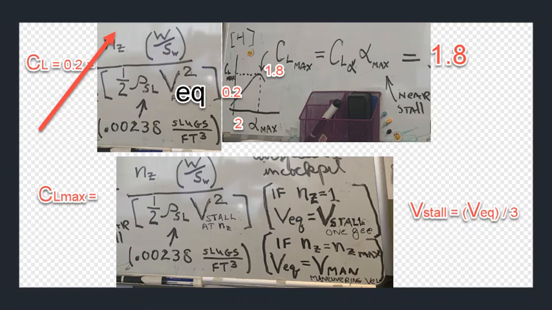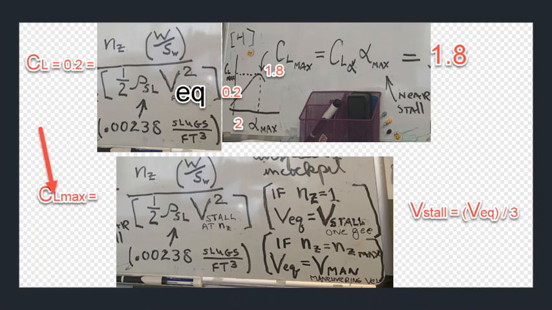Now 9 is in the numerator. So to get a 9 in the numerator, I would have to reduce the equivalent velocity by thirds. In other words, V equivalent over 3. If I put V equivalent over 3, that 3 will come out squared as 9, and that 9 will end up in the numerator. So there you have it. If I take my stall speed to be V equivalent over 3, that 3, when I square it, will come out in the denominator of the denominator, so it'll end up in the numerator and give me 9.